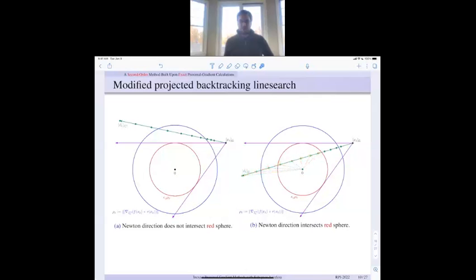It's only once we leave this red circle as we're searching, that those points we don't project anymore to 0. If you're familiar with backtracking line search methods, this is a modification of it that uses something like projections, but it is completely motivated by the fact that we are trying to identify the zero non-zero structure.